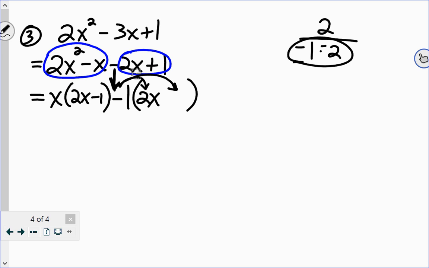Now, you'll notice that I ended up with the same thing inside the parentheses. If I'm doing factoring by grouping correctly, I should always end up with the same thing in the parentheses. If I don't end up with the same thing, then I've either picked the wrong factors, I've made a mistake, or something has happened there. So you need to always check by foiling and you'll catch that.